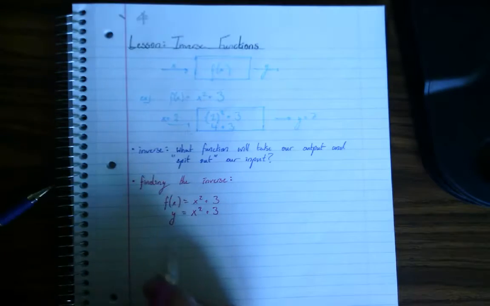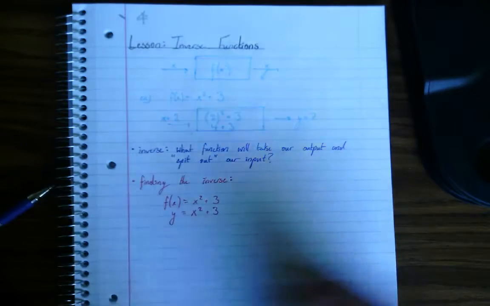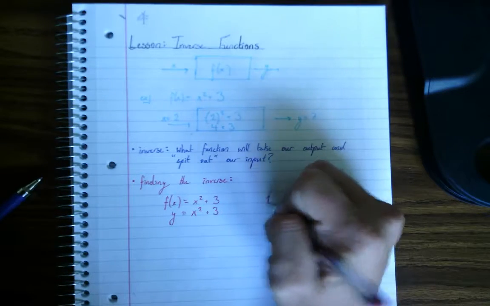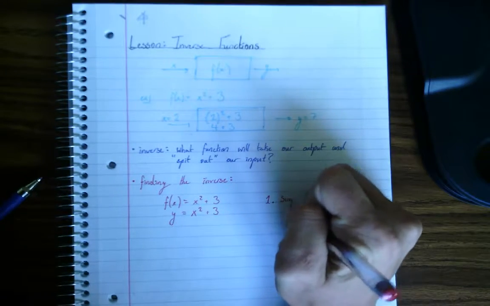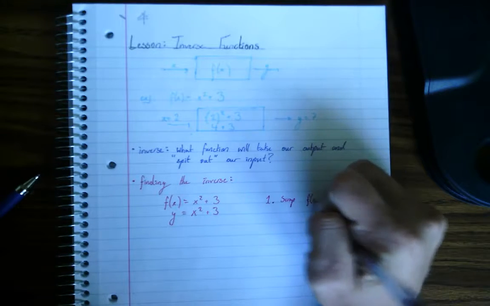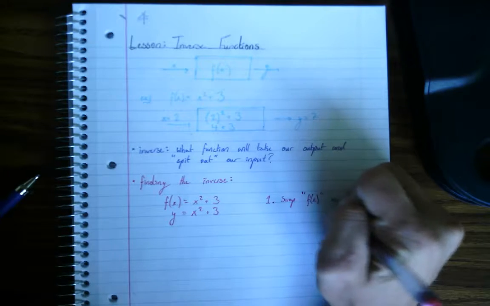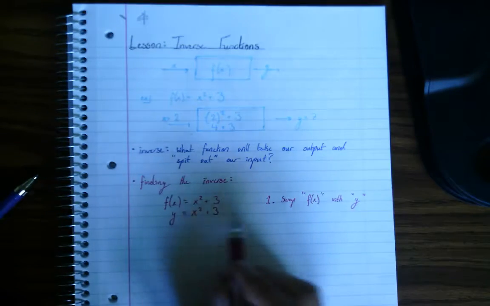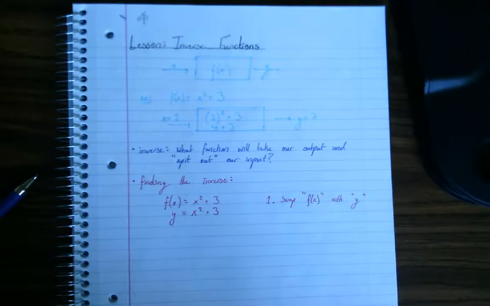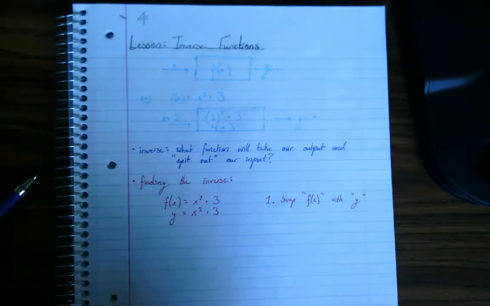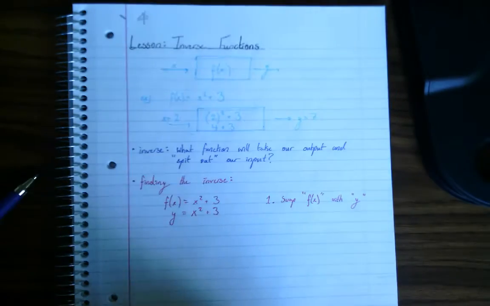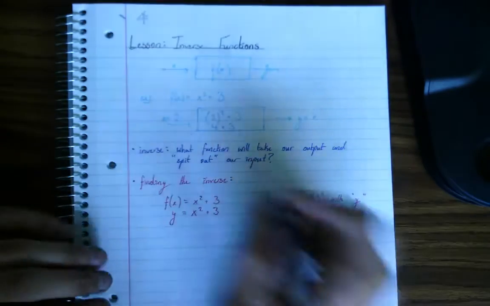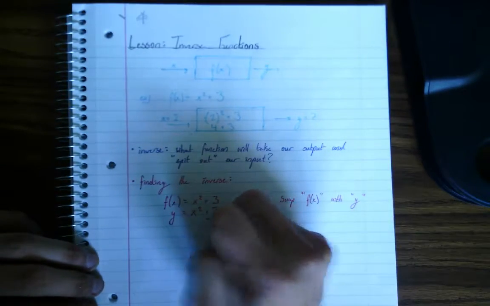And then what we're going to do here is solve for x. So our first step was swap f of x with y. And now we're going to solve for x because we now want our new output to be what our original input was. So this is all in terms of our original function. We notice we have a plus 3 going on here, so we want to subtract 3 from both sides.